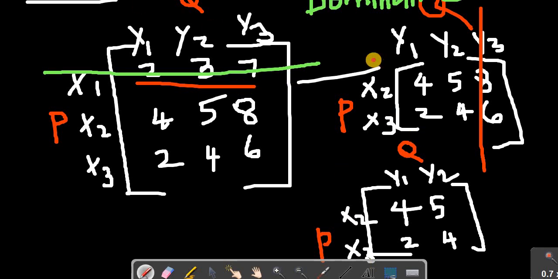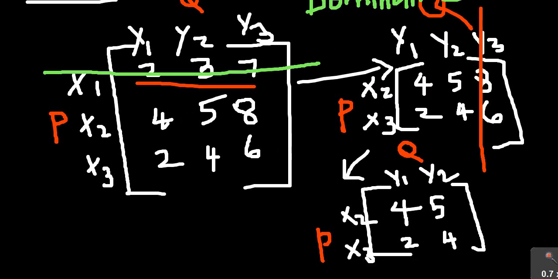So this way we can go from here to here matrix and from here to here matrix. Okay, so this way we can reduce a non 2 by 2 matrix into a 2 by 2 matrix. Then solving a 2 by 2 matrix is very easy for us, because it may be a pure type or it may be a non-pure type, I mean mixed type. Then we know how to solve the pure game and how to solve the mixed game.